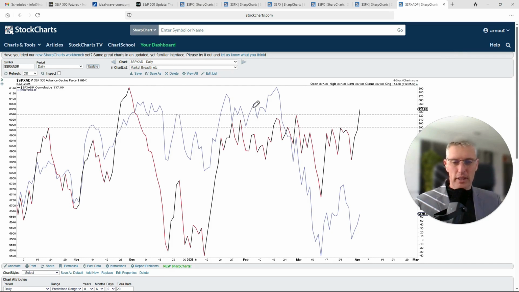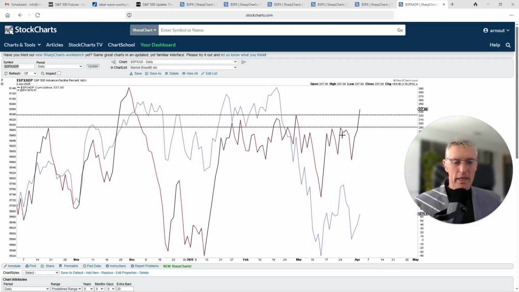All right, of course, we're still not making a new all-time high, but this breakout at current levels is higher than where we were, for example, here in late February, early March. It's higher than where we were in mid to late March. Quite interesting.